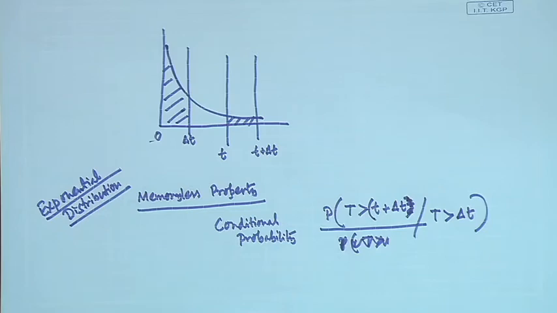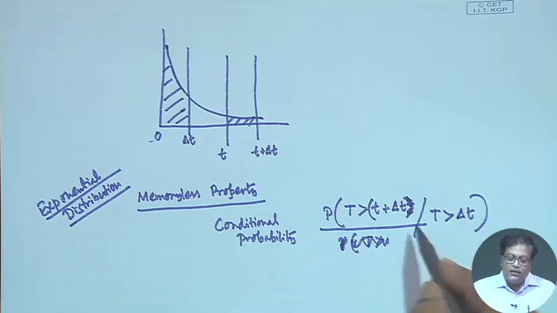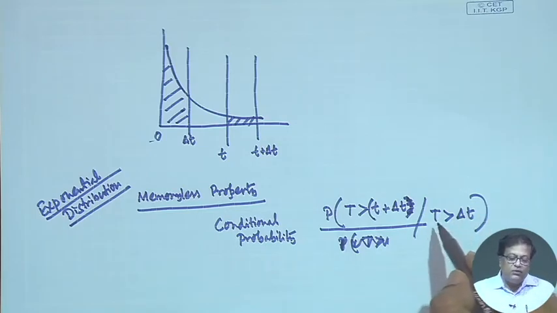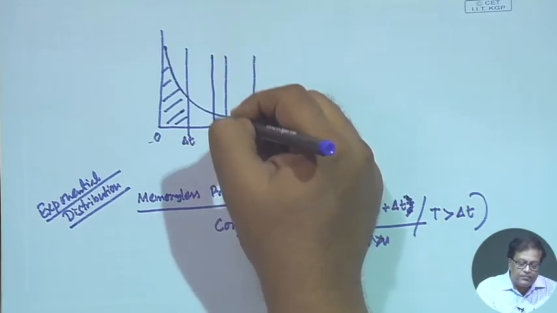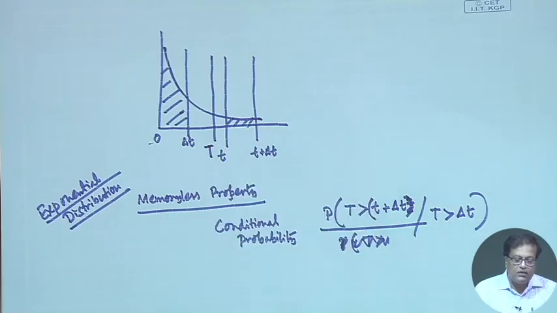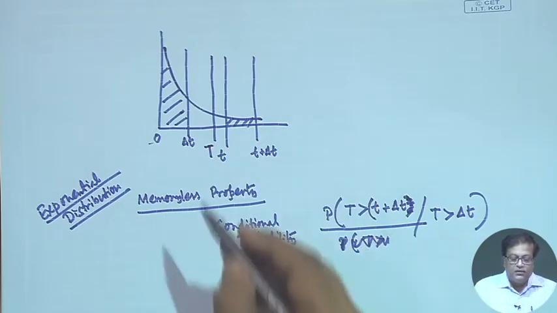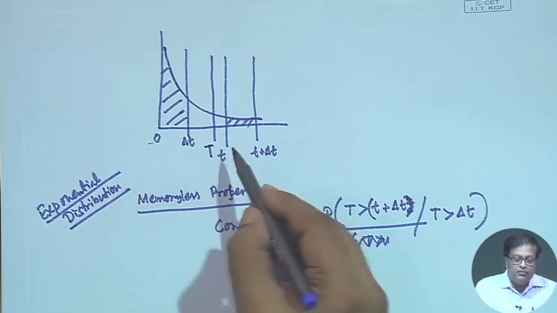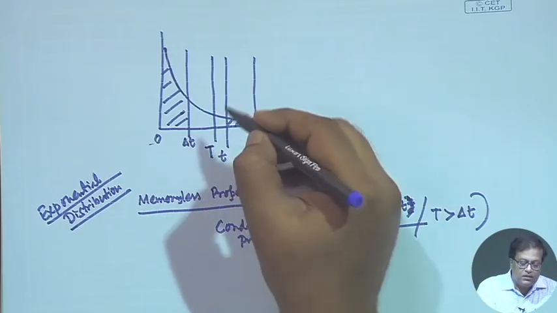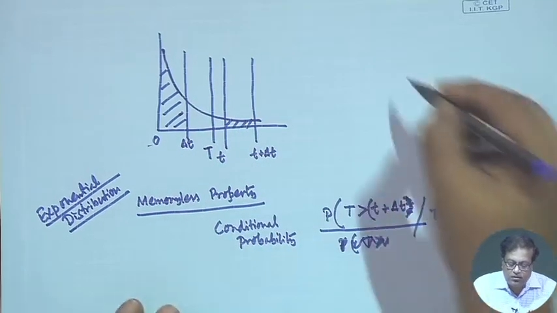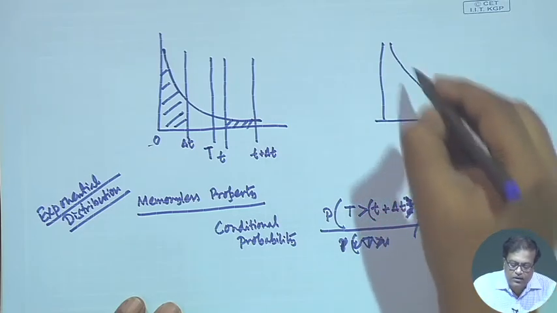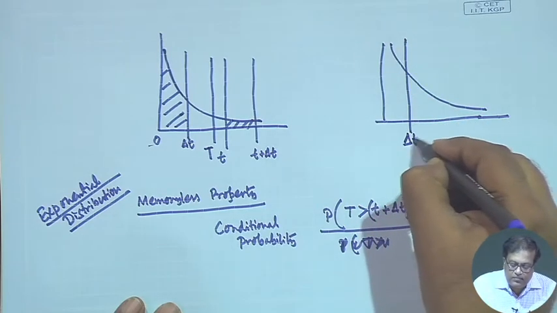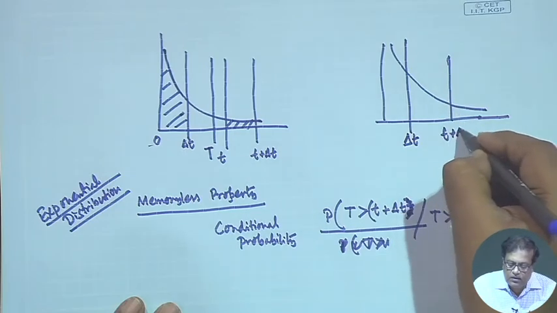The memoryless property therefore says: does it depend on the period between 0 and delta t? Let us draw the diagram once again. This is our exponential distribution, this is delta t, this is t plus delta t.